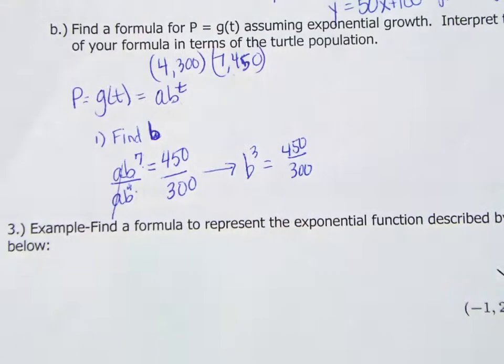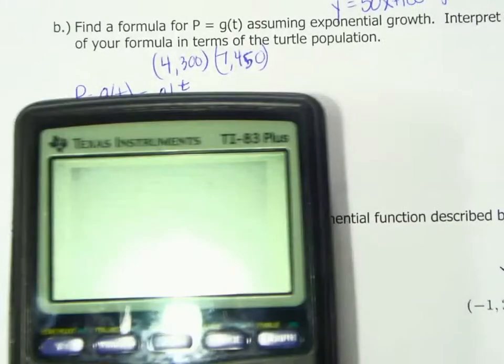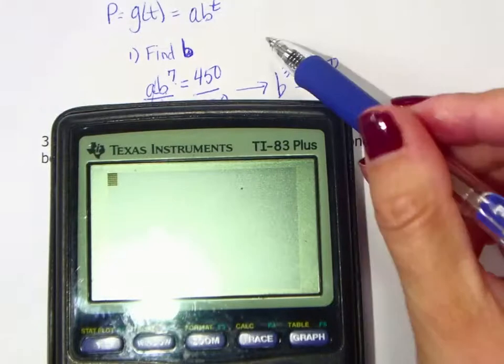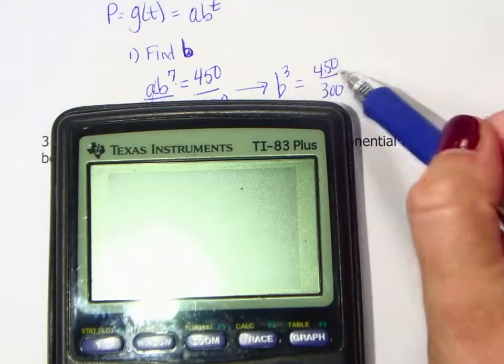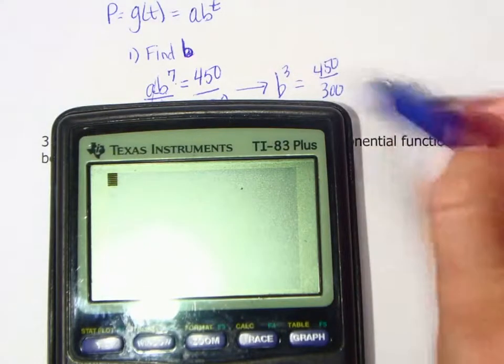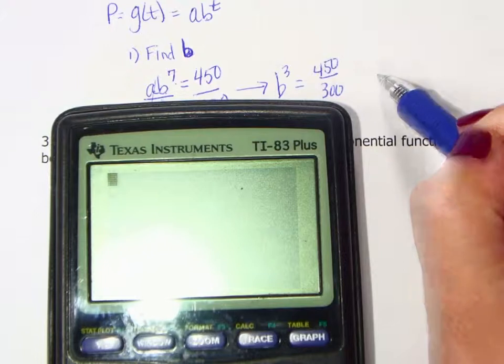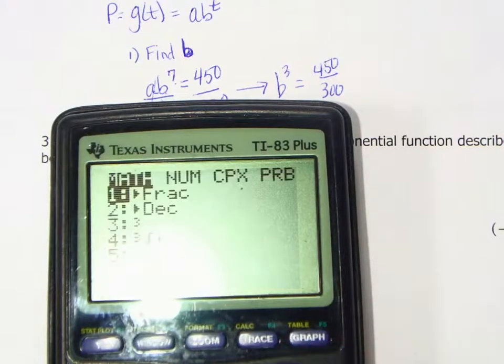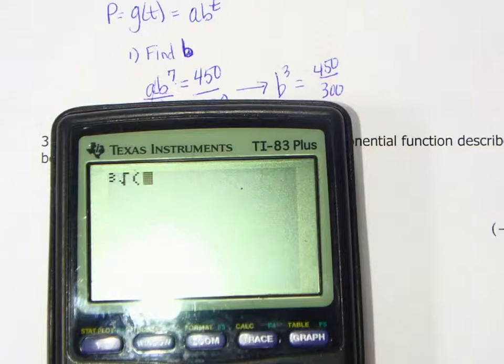Then I'm going to let my calculator do the rest of the work. I need to solve for b. So if I take the cube root of both sides, I would get my value of b. You could do it a couple different ways, but there is a cube root button in your calculators.